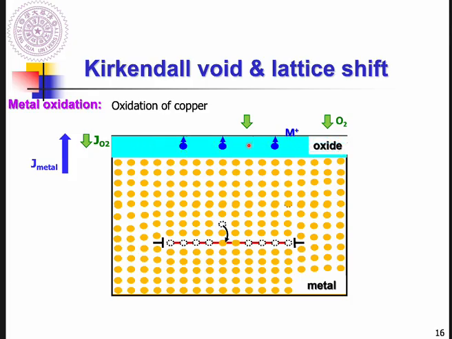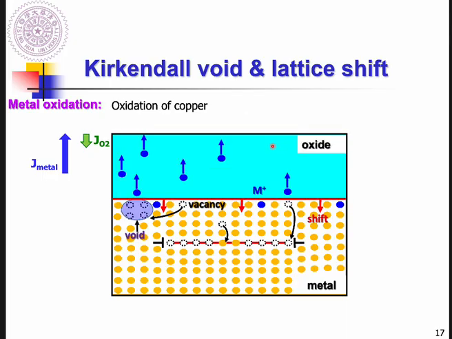During this process, the metal reacts with oxygen, and we form an oxide layer on top of this metal substrate. As time increases, this oxide layer gets thicker and thicker.